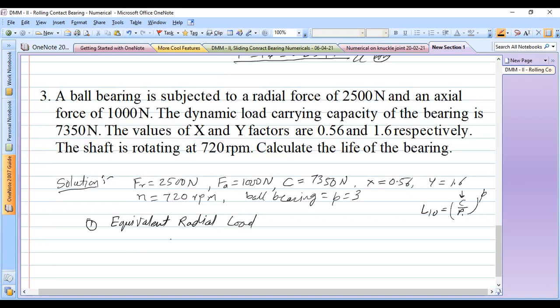Two values are given, Fa and Fr. So for this equivalent radial load, capital P is equal to X into Fr plus Y into Fa. This X value is given 0.56 into Fr, given 2500, plus Y is given 1.6.